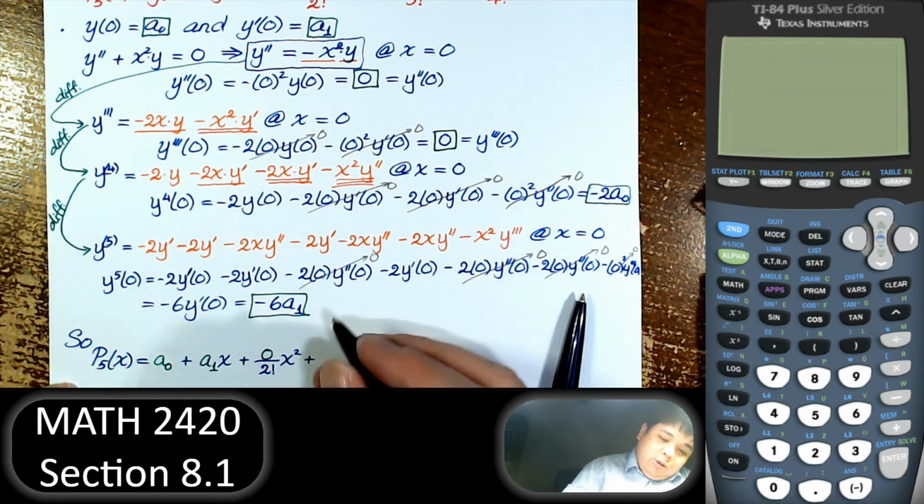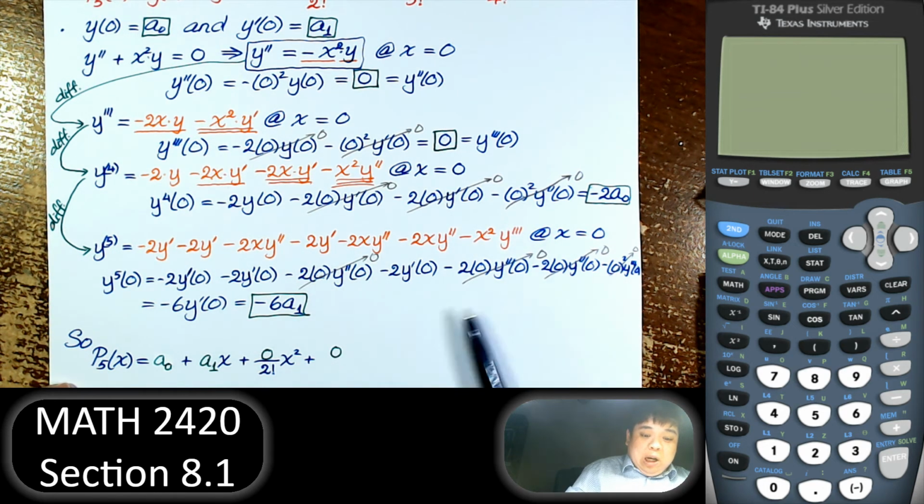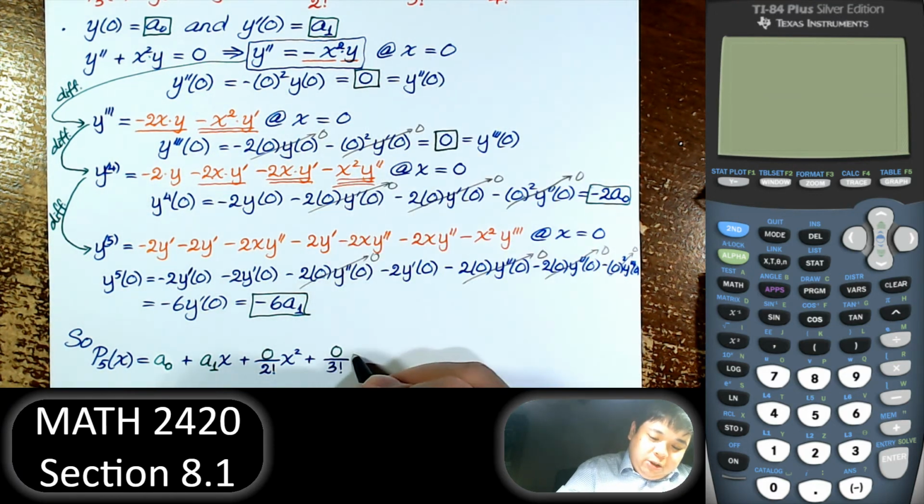Third derivative also 0. So that's why we don't want just the first 6 terms, we want the first 6 non-zero terms, which means we have to do 2 more, and potentially they can still be 0. So that's why we stop only at 6 terms. With 3 factorial x cubed.